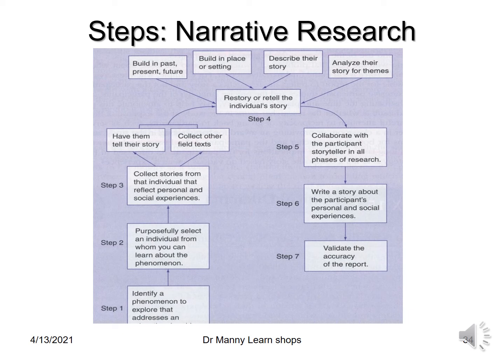In step 4, you restory, which is essentially retelling the individual story, and this can be related to past, present and future. It can be related to the setting or the background, and it essentially describes their story, and in doing so you analyse their story for themes.